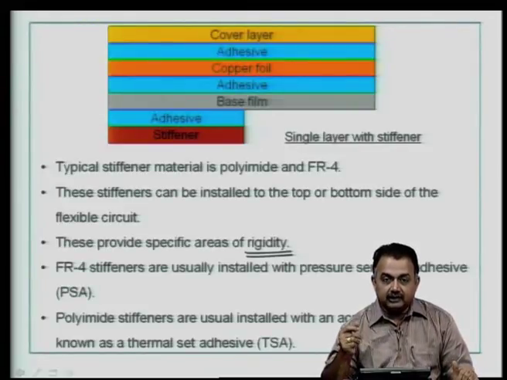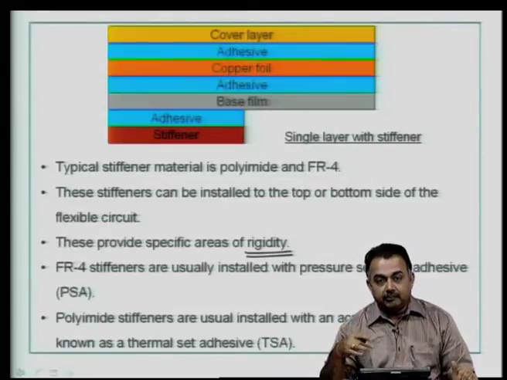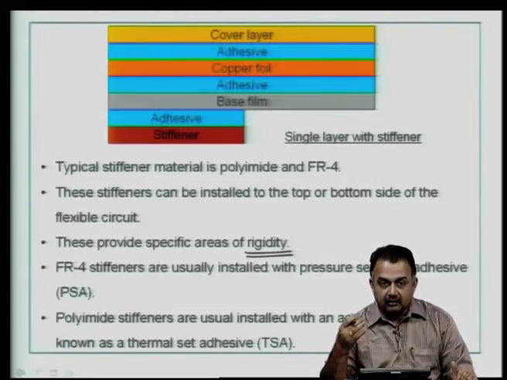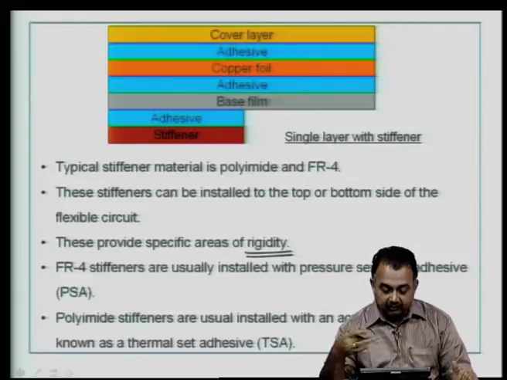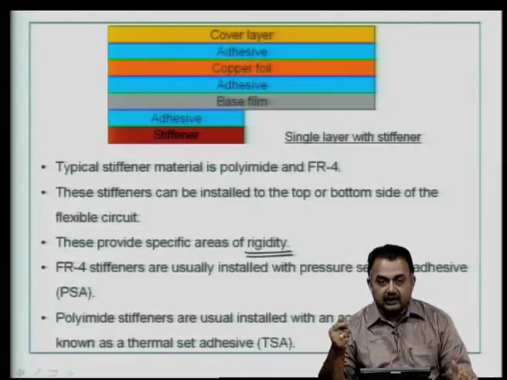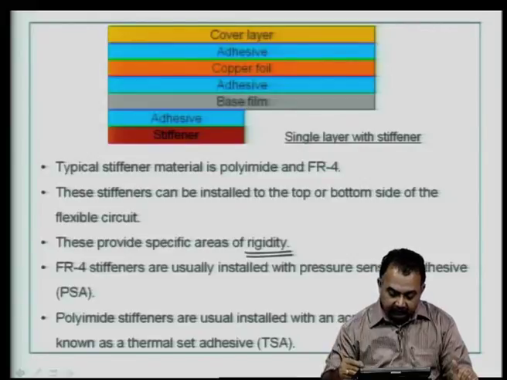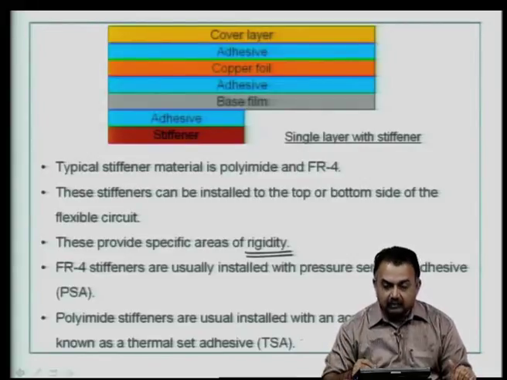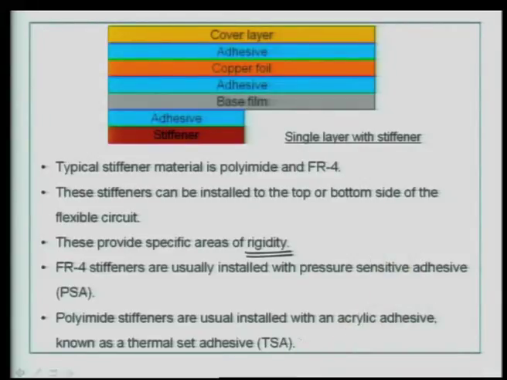Registration is maintained, and at the same time it provides an opportunity for mechanical drilling and creating interconnections to the inner layer. They are usually installed with pressure sensitive adhesives. Polyimide stiffeners are usually installed with acrylic adhesive known as thermal set adhesives.